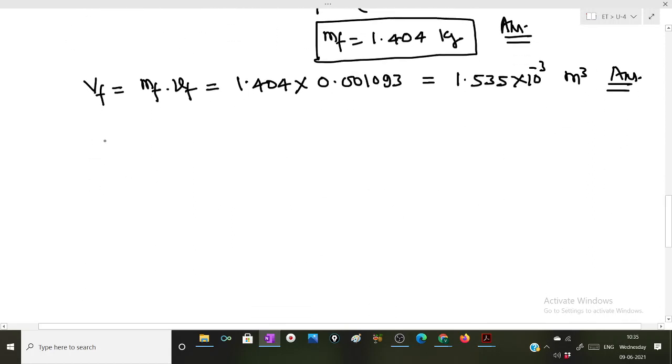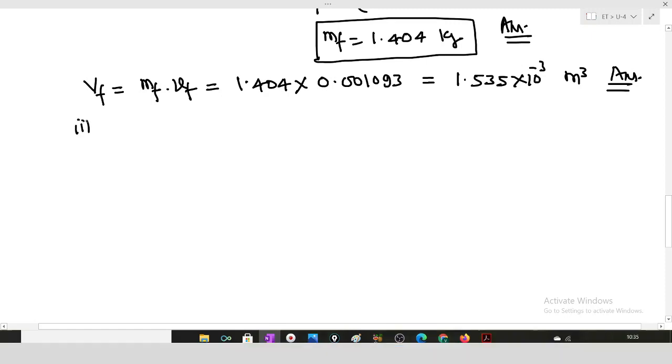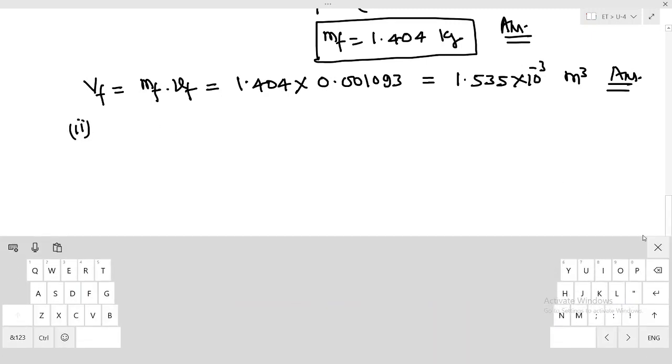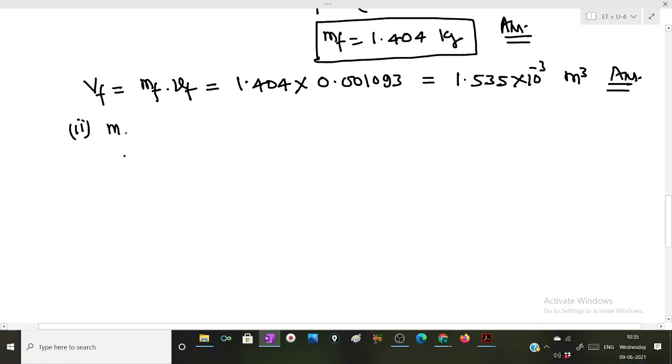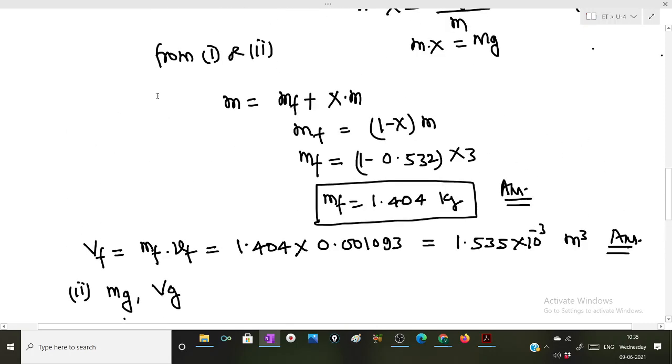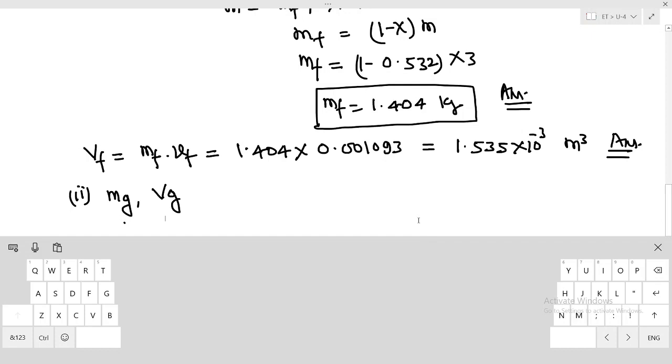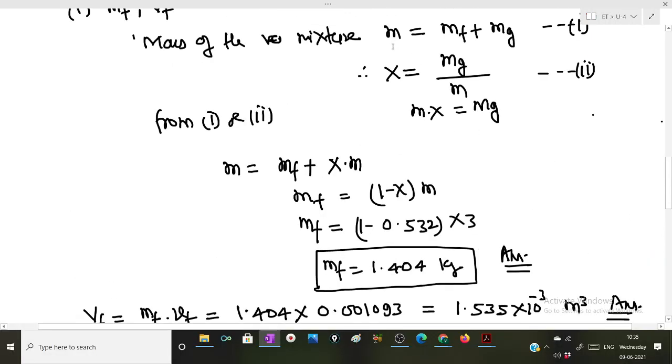Now we are supposed to calculate mg, the mass of dry saturated vapor, and the volume of dry saturated vapor. Just now we have this relationship: mg is nothing but m into x.